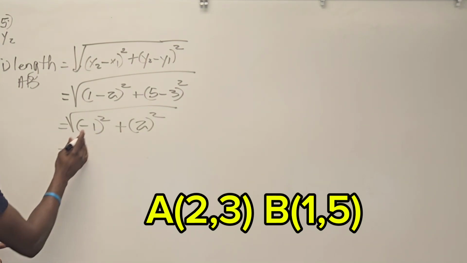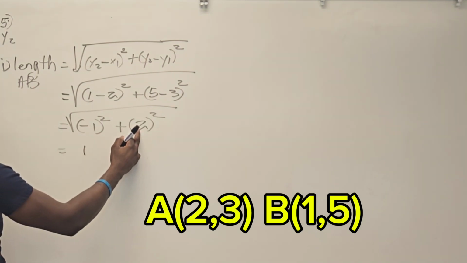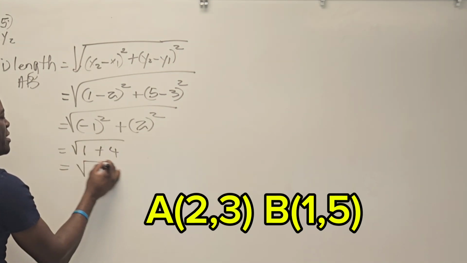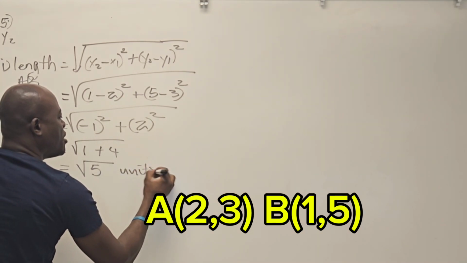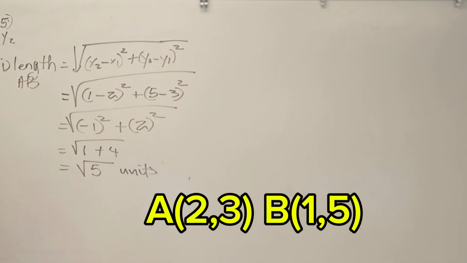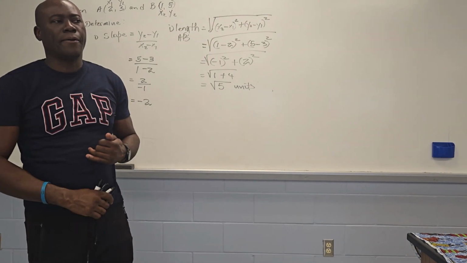What are we looking at? When you square -1, that's 1. When you square 2, you get 4. So the length of this line is actually the root of 5 units long. So that's the length of that line.